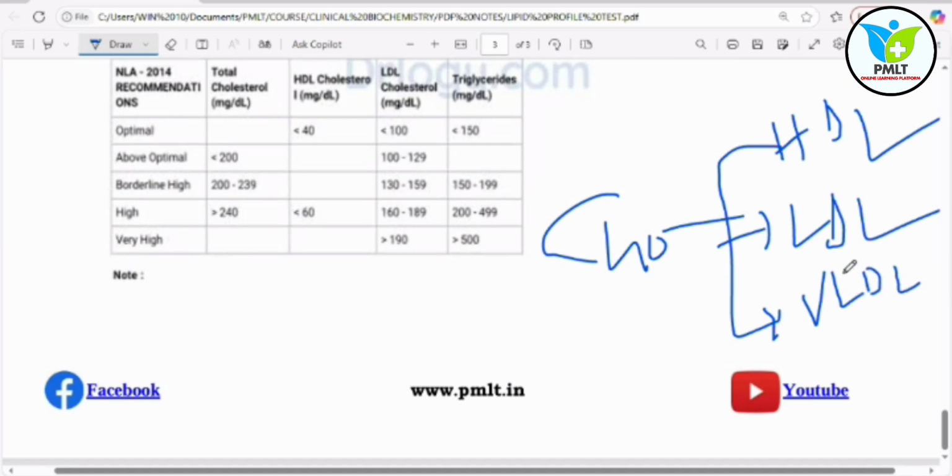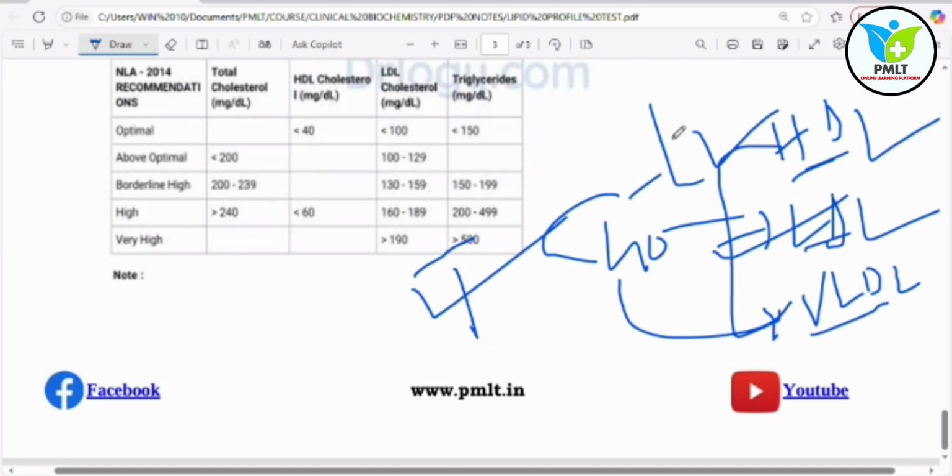Understood? Here, the density of lipoprotein is high. Here the density of lipoprotein is low. Here the density of lipoprotein is very low. So we have to measure the total cholesterol, as well as HDL, LDL and VLDL. We can easily calculate VLDL from the cholesterol by subtracting the sum of HDL and LDL.